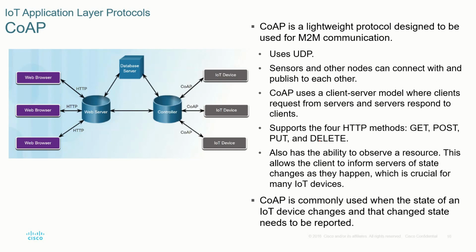CoAP is for constrained devices. It's by the IETF, the Internet Engineering Task Force. They can communicate for lightweight devices and then connect to the browser through HTTP. It makes use of JSON. The good thing is it's very low powered.